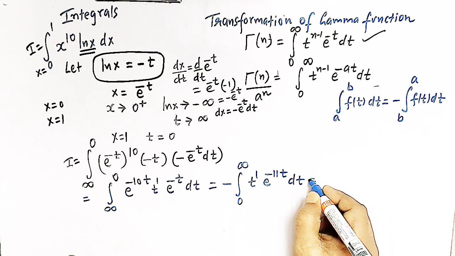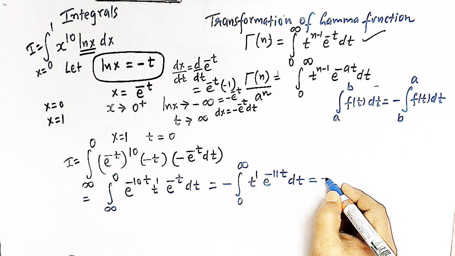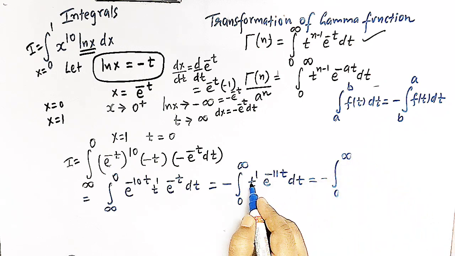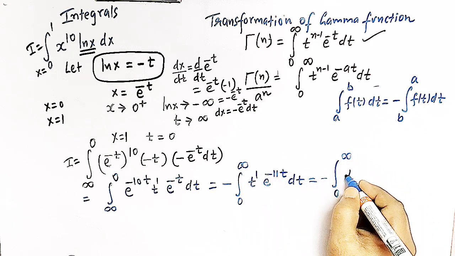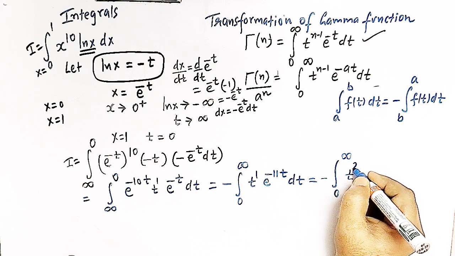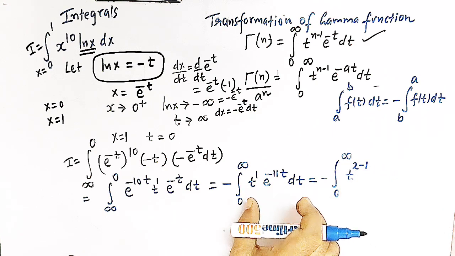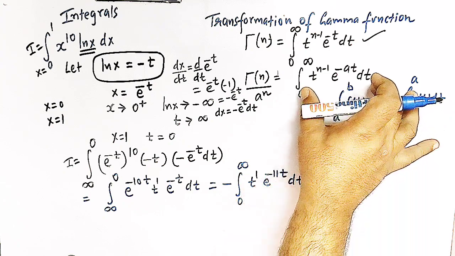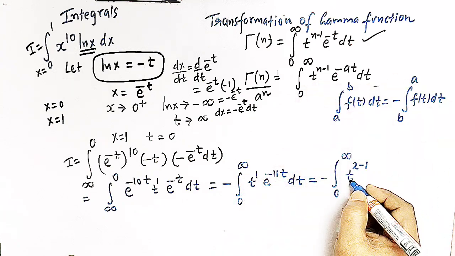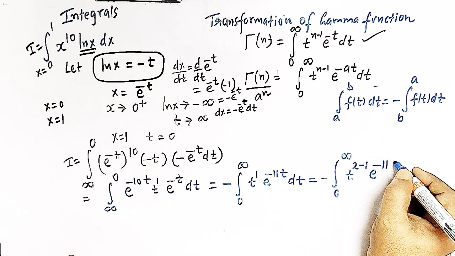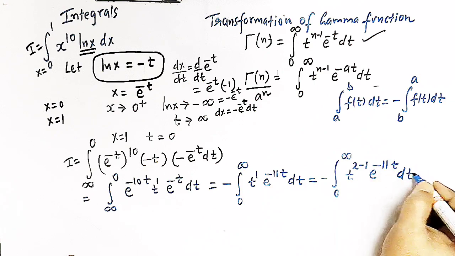So we can now express this integral as minus the integral from 0 to infinity of t raised to 1, and t raised to 1 can be written as t raised to 2 minus 1, because we have to express this integral into this form. So we have t raised to 2 minus 1 times e raised to minus 11t dt.